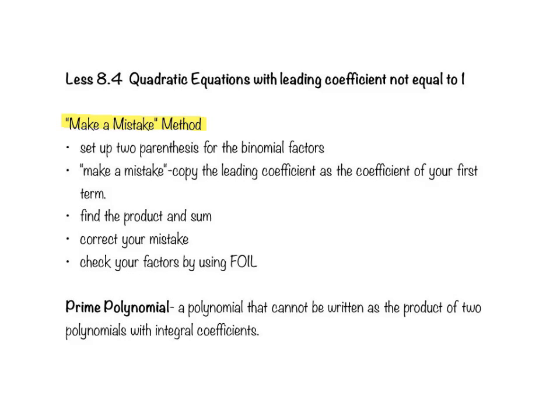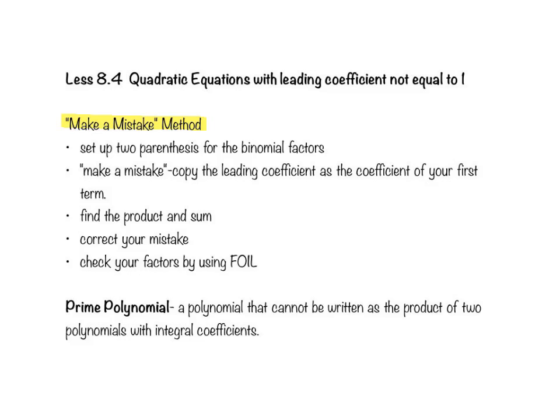Then you're going to find the P and S, find the product and sum using the guess and test strategy. Then you're going to correct your mistake by factoring out one of the coefficients. Then you're going to check your factors by using FOIL.